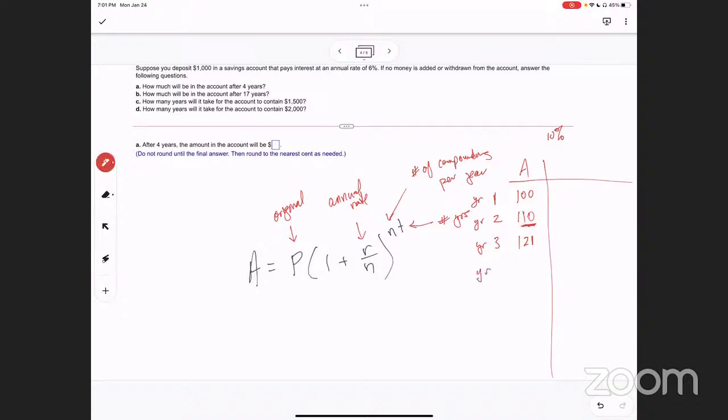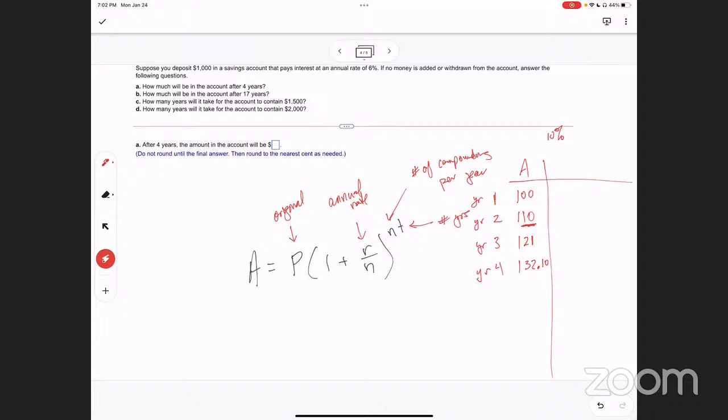In year 4, you're going to have 32.10. You're going to make an extra 10 cents. You made that $11, but then you made 10 cents on that extra dollar from the year before. And it's going to keep increasing like that.